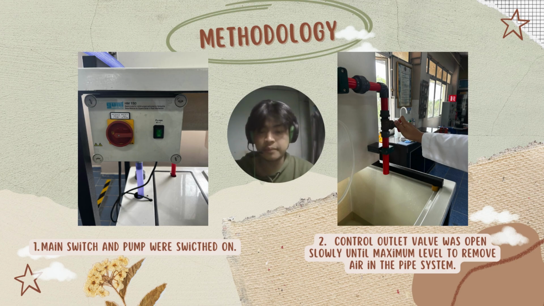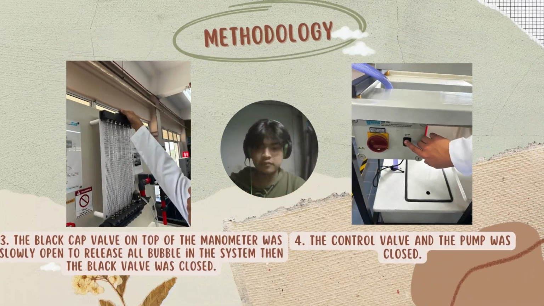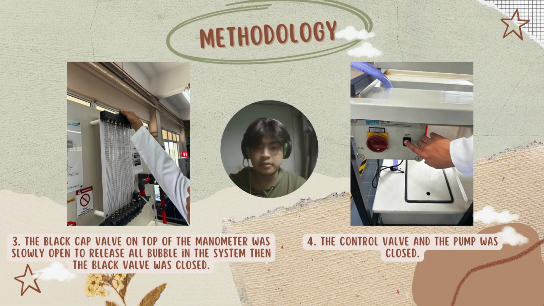So for the first step, main switch and pump were switched on. Second step, the control outlet valve was opened slowly until maximum level to remove air in the pipe system. Third step, the black cap valve on top of the manometer was slowly opened to release all bubbles in the system.